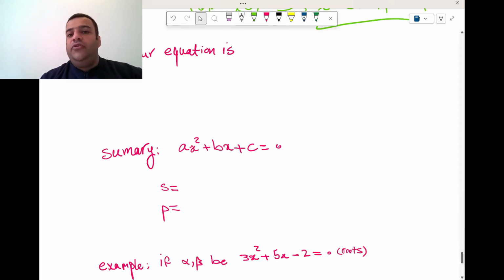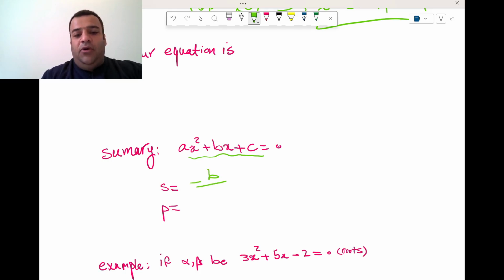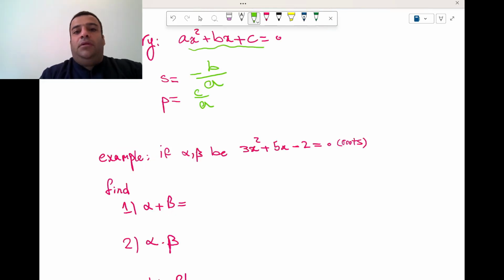But how can we use that? Let's go to further examples. Consider this equation. From the previous, we know s is minus b over a and p is exactly c over a. In this example, alpha and beta are the roots of this quadratic equation.